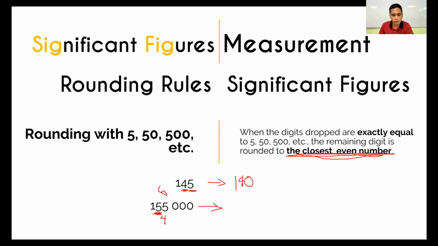So 155,000 rounded to its nearest 10,000s is equal to 160,000. That is if it is exactly 5. So for an odd number, round up. For an even number, we retain the original even number.